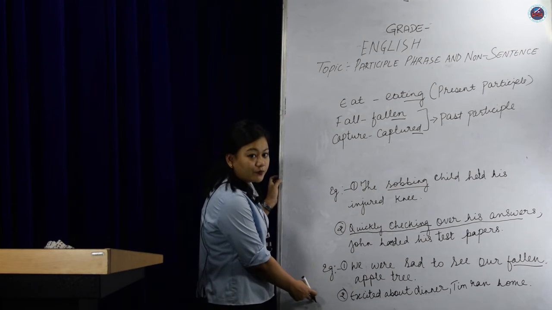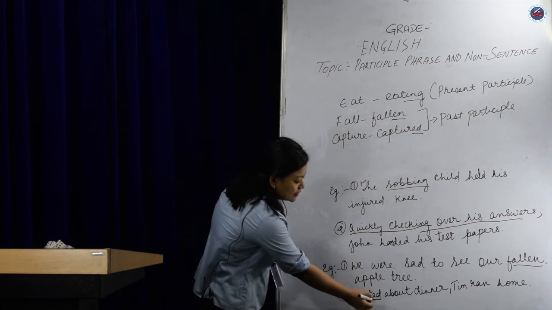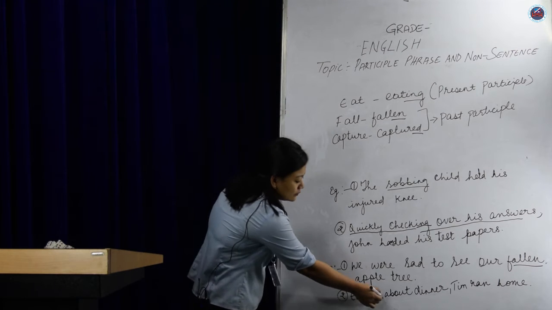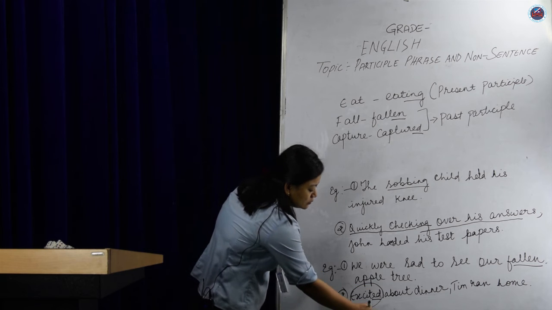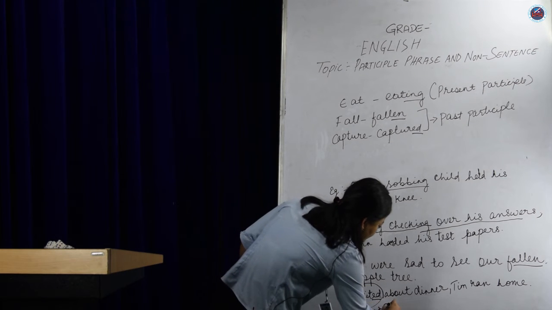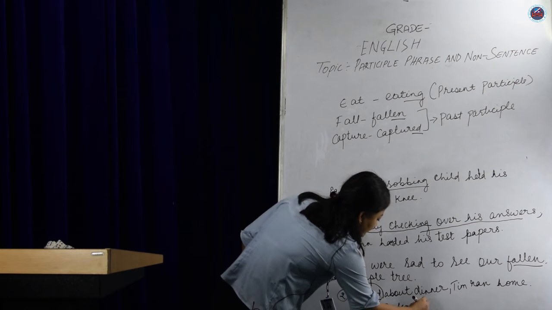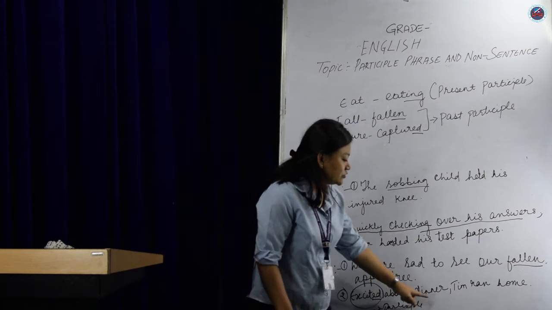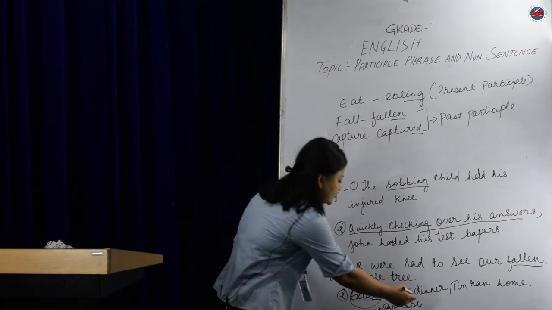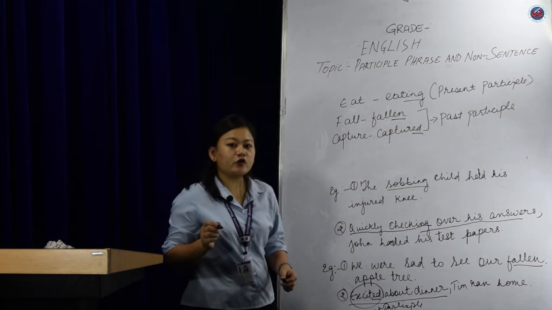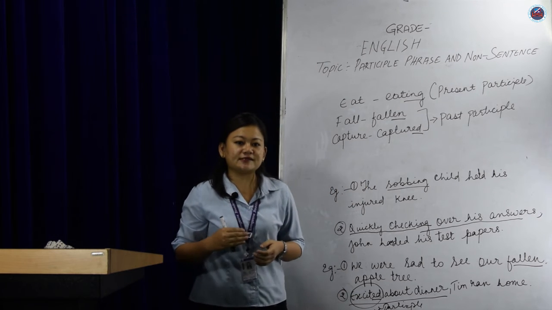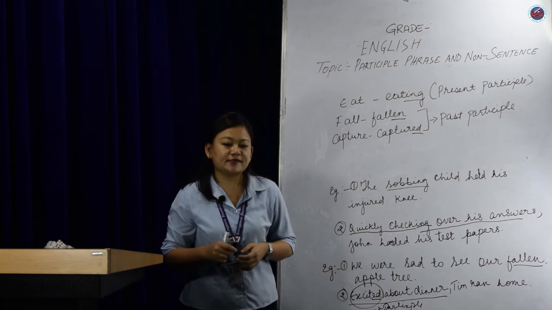In the second example, you can see that excited has ed at the end of the word, so it is a past participle. And if you have to look into a phrase, excited about dinner will be the phrase. Now an important note, remember that participle phrases are always set aside by a comma in a sentence.